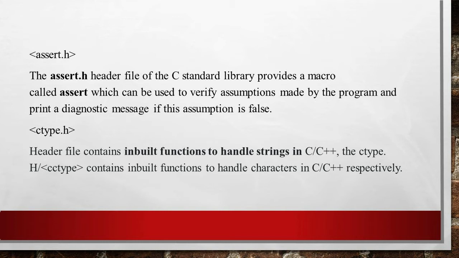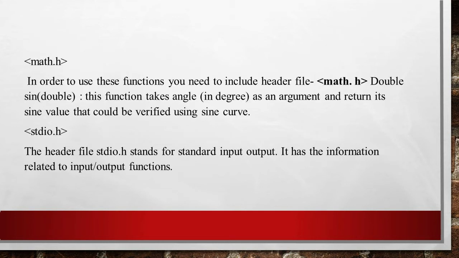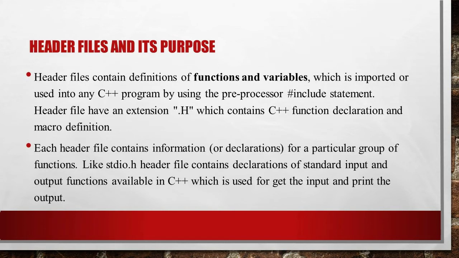Another header file is float.h, which contains the floating point size limits of the system, and math.h contains function prototypes for math library functions. Another is stdio.h, which contains function prototypes for the standard input or output library functions and information used by them. Like this, many header files are used in C++ programming, and the main one is iostream.